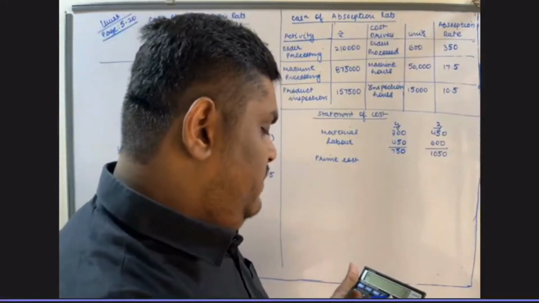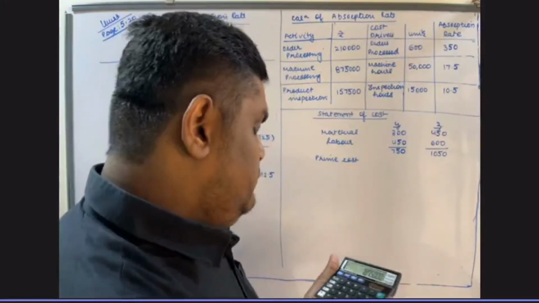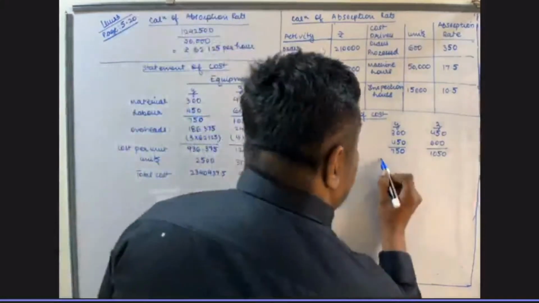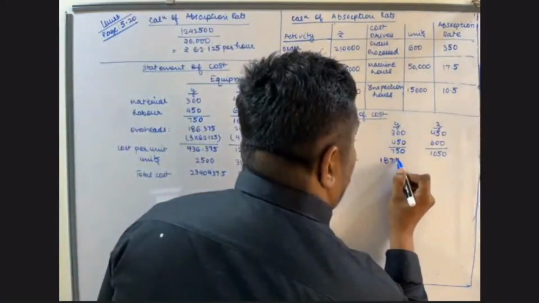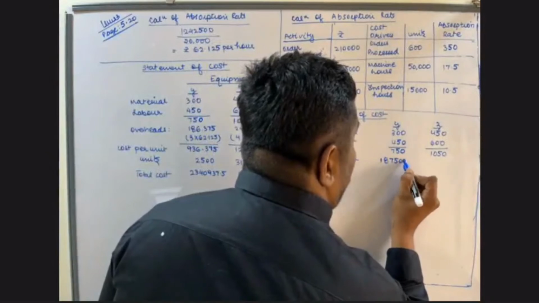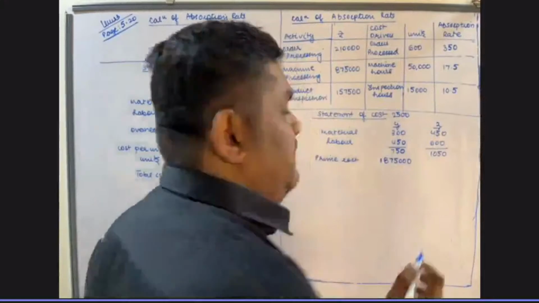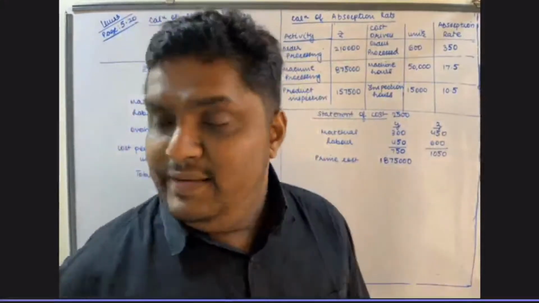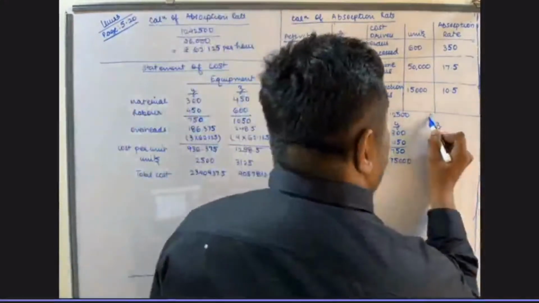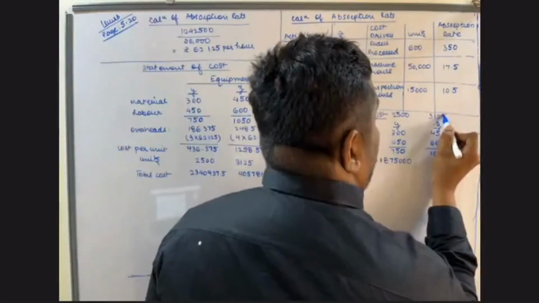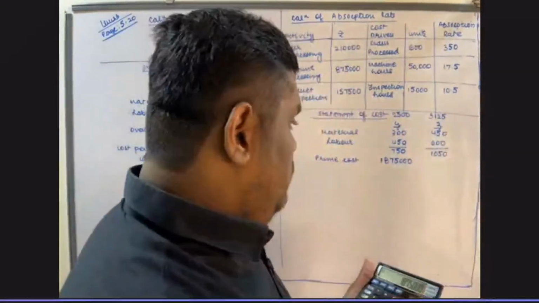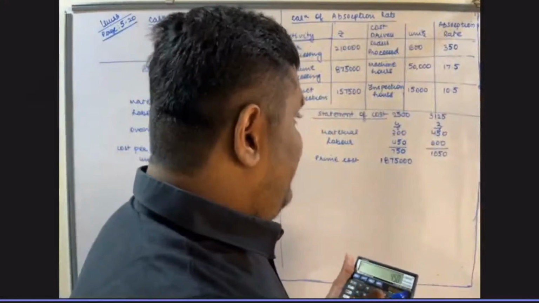So 750 into 2500, this will be 18,75,000. Total 2500 units for Y and 3125 units for Z. So 3125 into 1050.